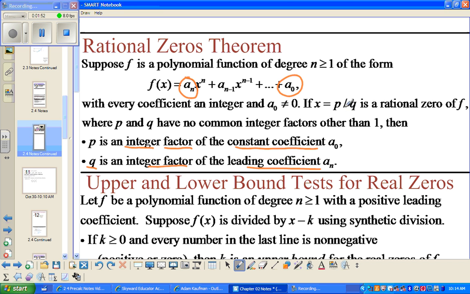Basically that means any factor of the constant divided by any factor of the leading coefficient is a possible zero of your polynomial. Now, it used to be that we had to use guess and check to find the zeros in that way. Well, now we have our graphers, and we can use our graphers to narrow down the search even more.